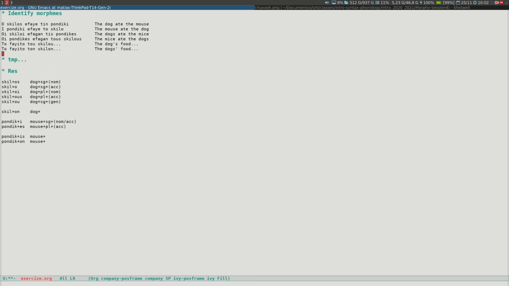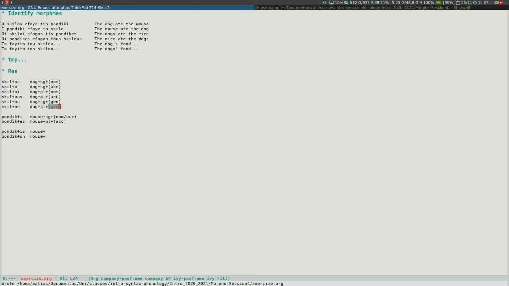And now we're done with the dog forms. Now we have skilon, and it's otherwise almost identical, except that now we have a plural here. Yes, and then it must be a genitive also.